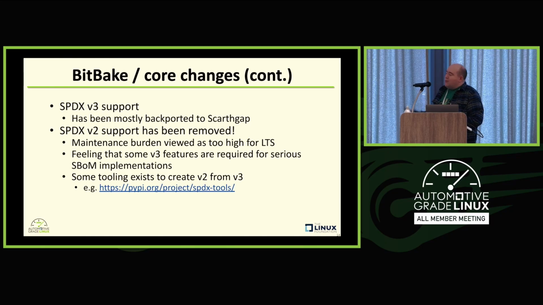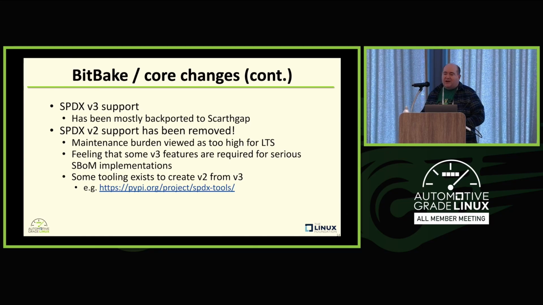But the corollary to this is that v2 support has actually been removed recently, which might upset some folks in the short term because people are building tooling around that. But the argument on the mailing list was, Wrynose is going to be supported for 4 years, and the maintenance burden to keep v2 working well enough that people might still use it is viewed as too high.